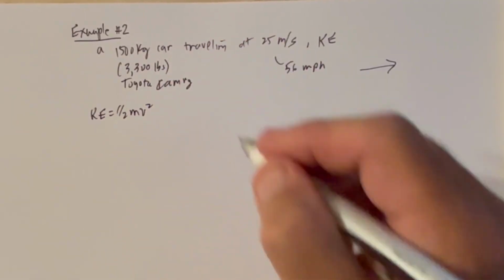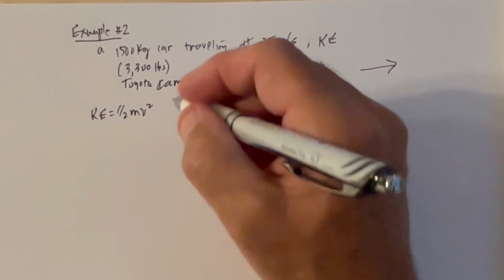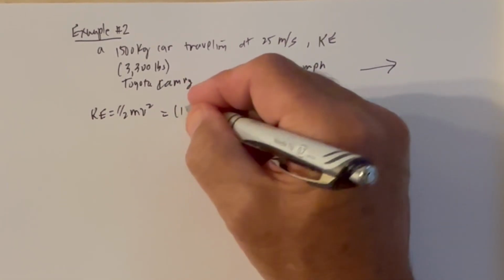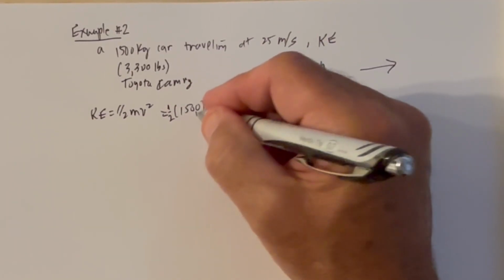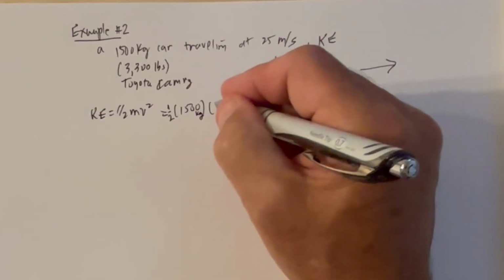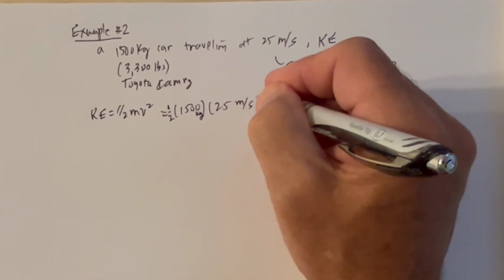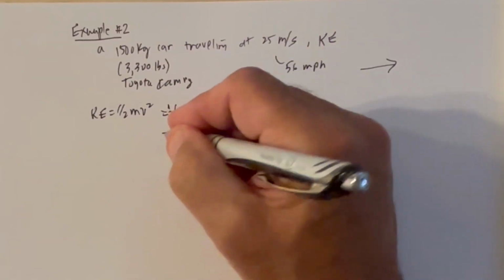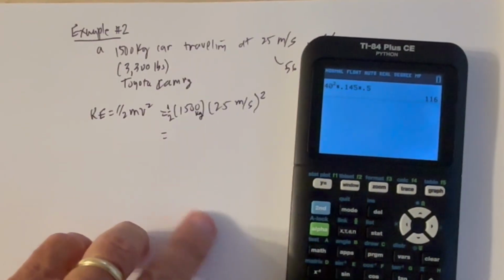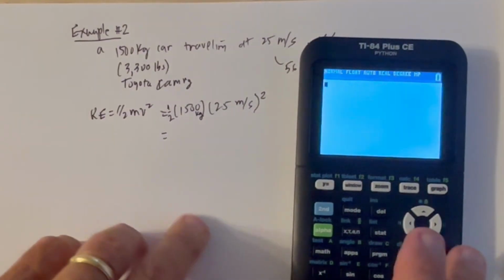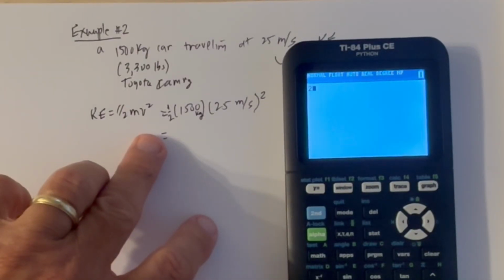So kinetic energy is 1/2 mass times velocity squared. Our mass in this case is 1,500, with units of kilograms, and our velocity is 25 meters per second, squared. Let's get our calculator out and do the math. First, we want to clear it. So we've got 25 squared times 1,500, and then times 0.5.